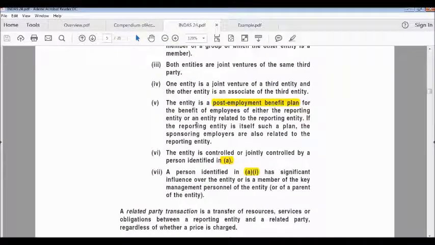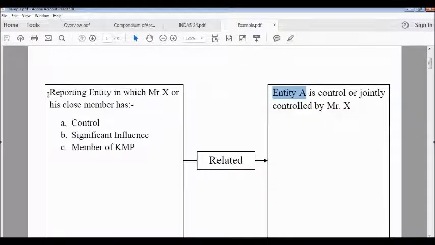So this paragraph is saying that if the entity is controlled or jointly controlled by a person identified in A, and another entity is controlled or jointly controlled by the same person, then these two entities will be related to each other.